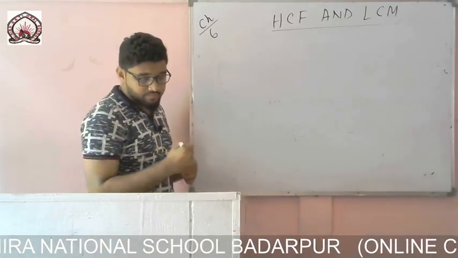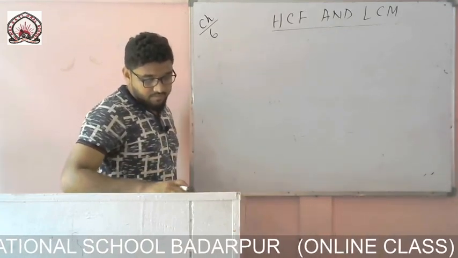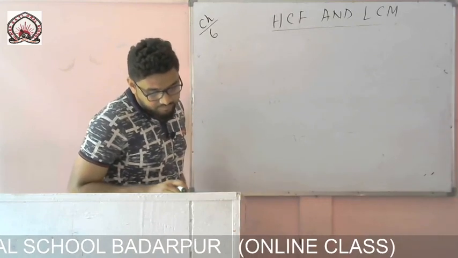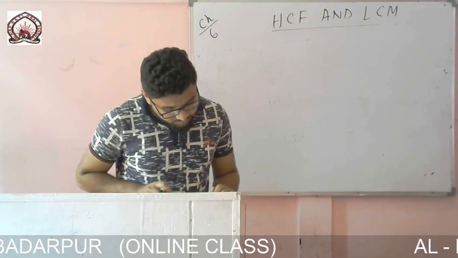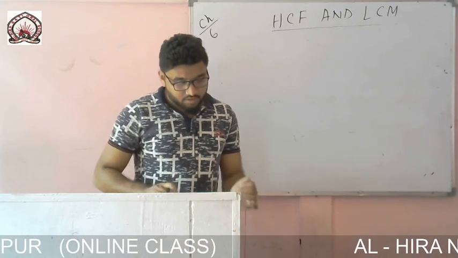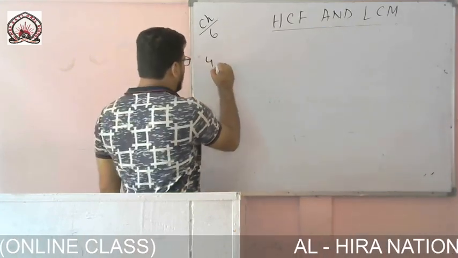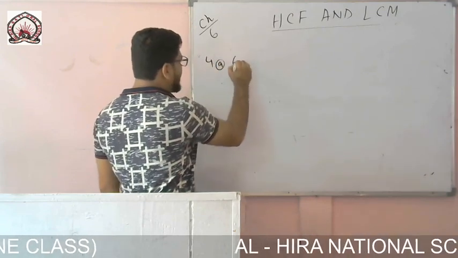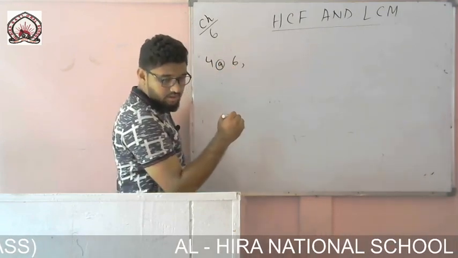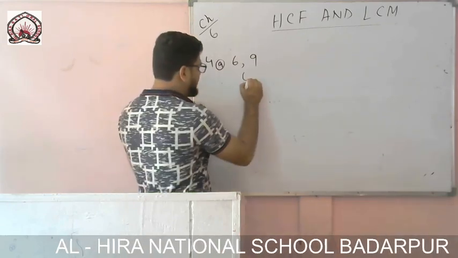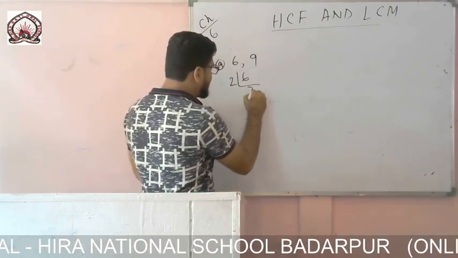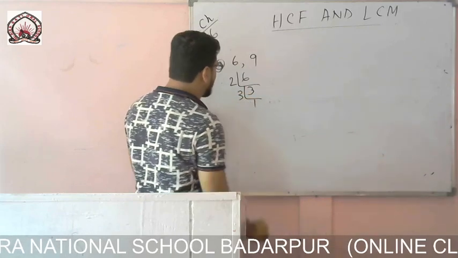4A: 6, 9. Find the factors of 6 by prime factorization. 2 3s are 6, 3 1s are 3.